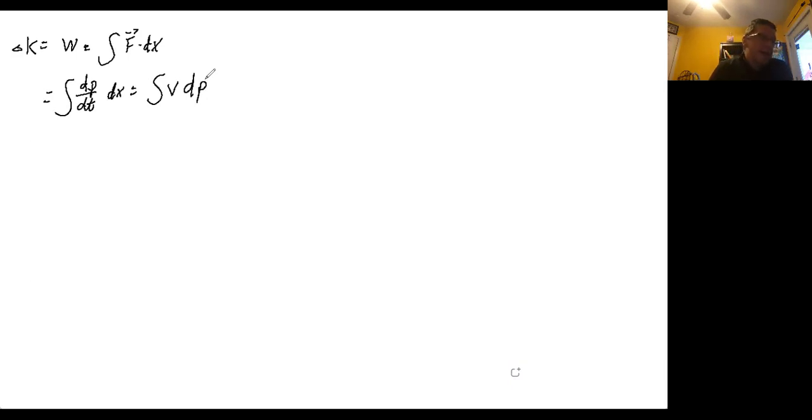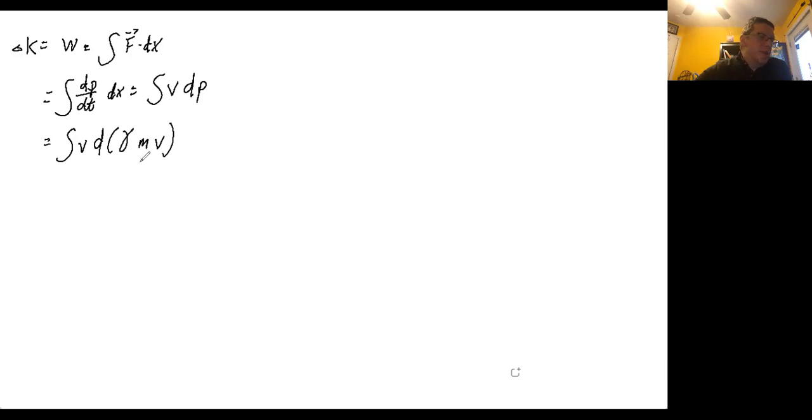Okay. So that gives you an integral that you can work with. You can also write that as v times the differential of gamma mv.